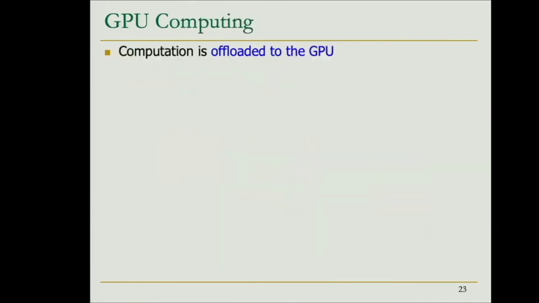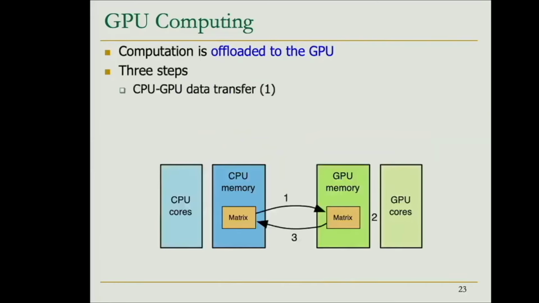Okay, and this is the first slide on how we compute on the GPU, how we offload the computation to the GPU. Three steps. First, we will usually start the computation on the CPU side, where we are going to have the original data structures that we want to operate on.